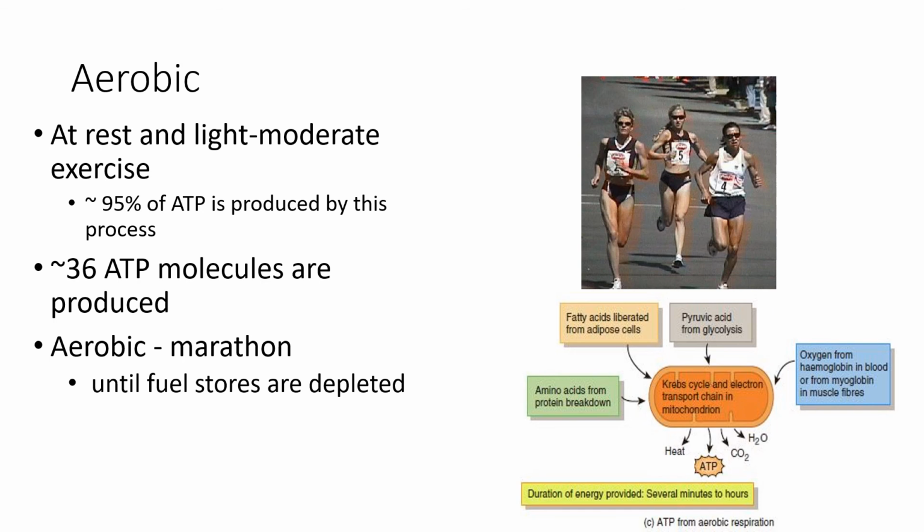It also generates a large amount of ATP molecules, with around 36 ATP molecules being produced from a variety of sources such as fatty acids, amino acids, and glycogen. We can continue to utilize this pathway until our fuel stores are depleted, and an example is running a marathon.